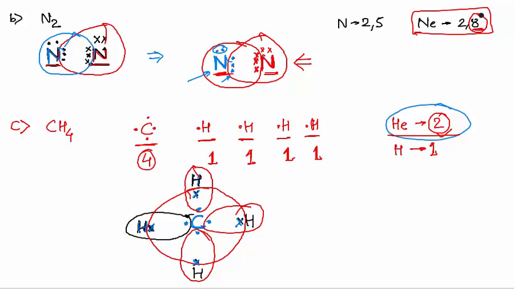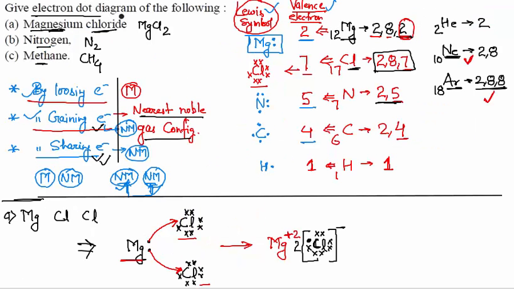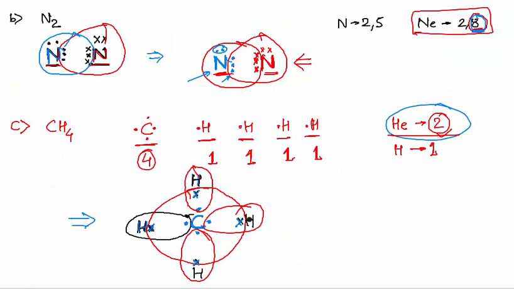So even carbon achieved its nearest noble gas configuration, because now it has 8 valence electrons. So this is your electron dot diagram of CH4. And in this case, because carbon and hydrogen are both non-metals, sharing takes place. Hope you understand.